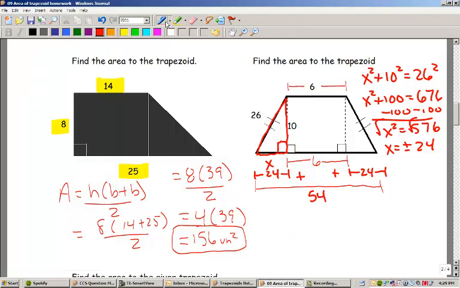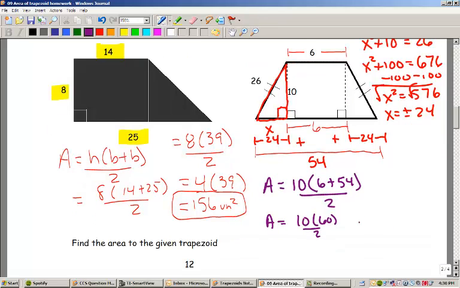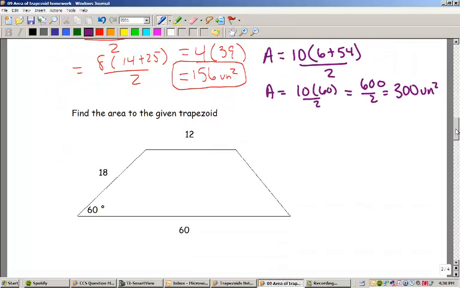Now I have all my pieces, so let's just plug them in right away. So the area turns out to be the height, 10, times the base plus the base, 6 plus 54, and then divide that by 2. So the area turns out to be 10 times 60 divided by 2, which turns out to be 600 divided by 2, which is 300 units squared.